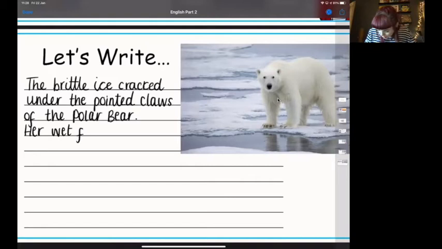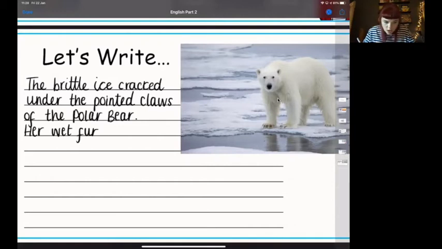And obviously you can use any of the words in your word bank. This is just what I'm working with, okay? So the wet fur, what was her wet fur doing? Oh, it was dripping, okay? What do you think it was dripping? It was dripping water. So what temperature do you think the water would be? Do you think it'd be hot water, cold water, freezing cold water? I'm going to go for ice cold.